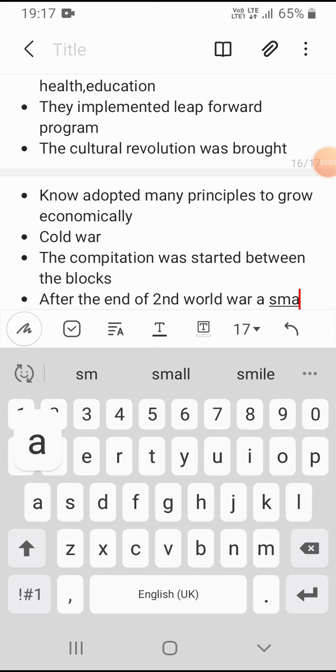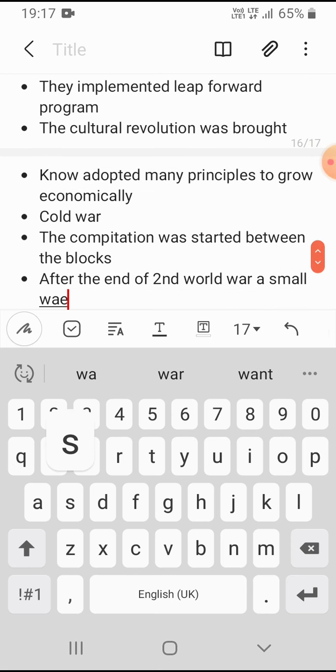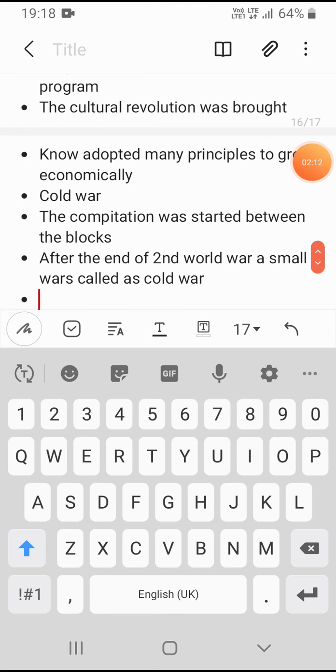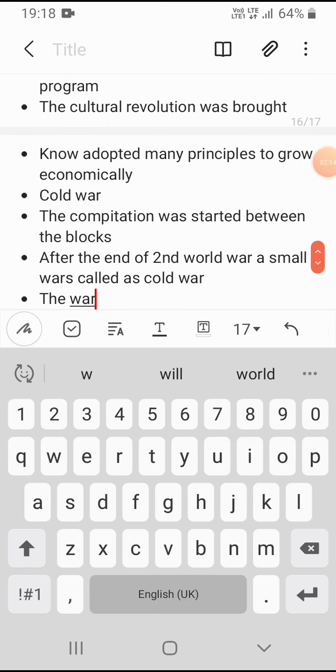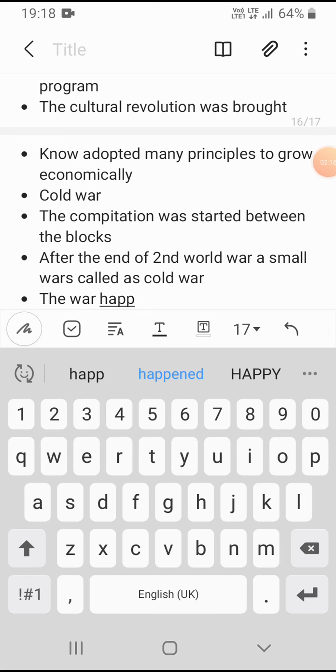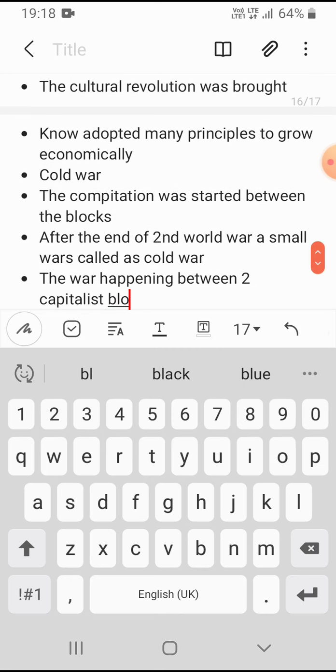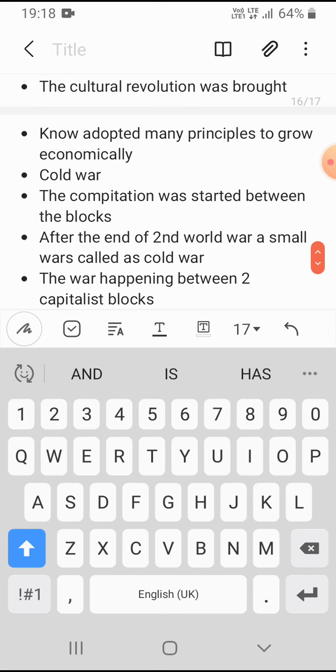A small war called the Cold War started, the war happening between two blocks, USA and USSR.